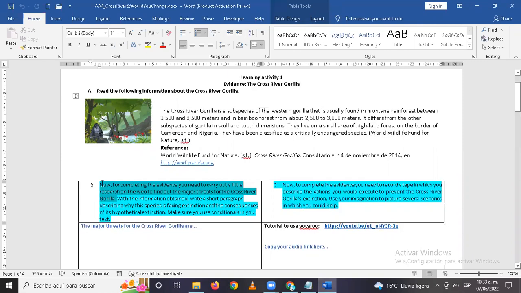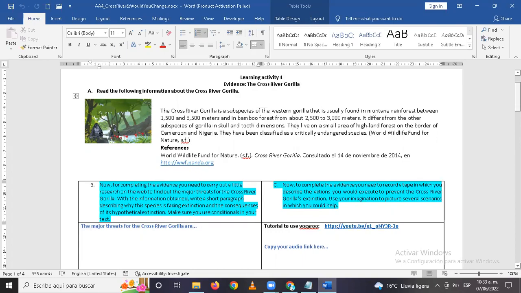Tienen que buscar en internet cuáles son las mayores amenazas que está viviendo esta especie. With the information obtained, write a short paragraph describing why this species is facing extinction and the consequence of its hypothetical extinction. Make sure you use conditionals in your text.